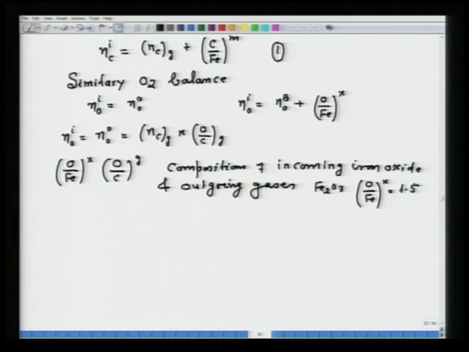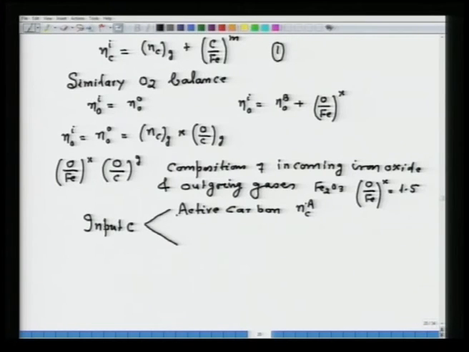Now, a little bit about what is meant by input carbon in this model. There are two parts of the input carbon. One is the active carbon, that we will call NCA.